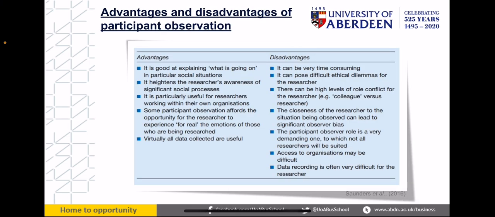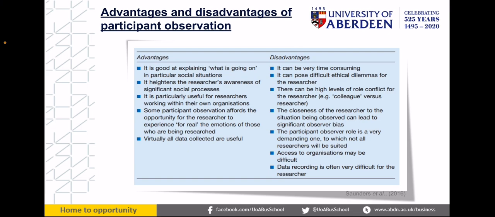Some quick advantages and disadvantages of participant observation. It is good at explaining what is going on. It's very good at getting to the roots, to the foundation of what is happening. It heightens your awareness of the significant social issues, the social meanings, the social challenges.